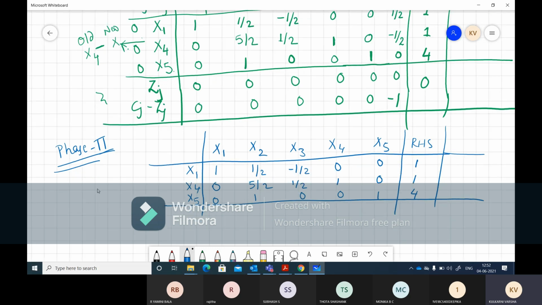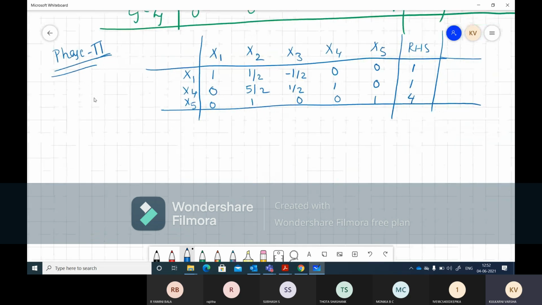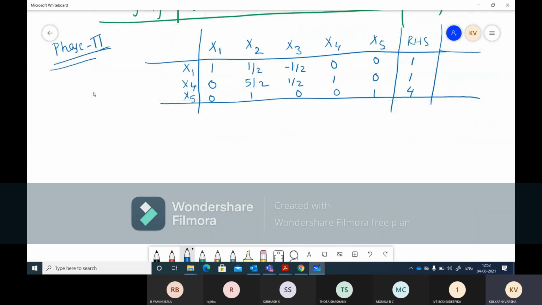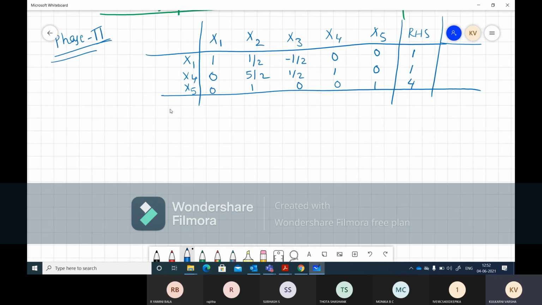So what you have done is written the last iteration as the first iteration of your phase 2. Now you have to write the coefficients in phase 2. Previously they were 0, but now they are the actual ones in the objective function.